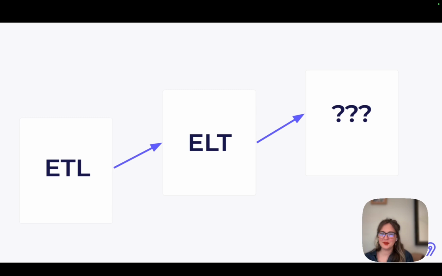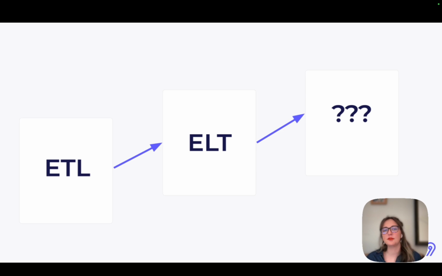Over time, compute and storage both became much, much less expensive. And we found that folks really migrated towards this idea of ELT, where you still use a process to extract your data from wherever it starts out, and then you would load it in its raw form into a destination.